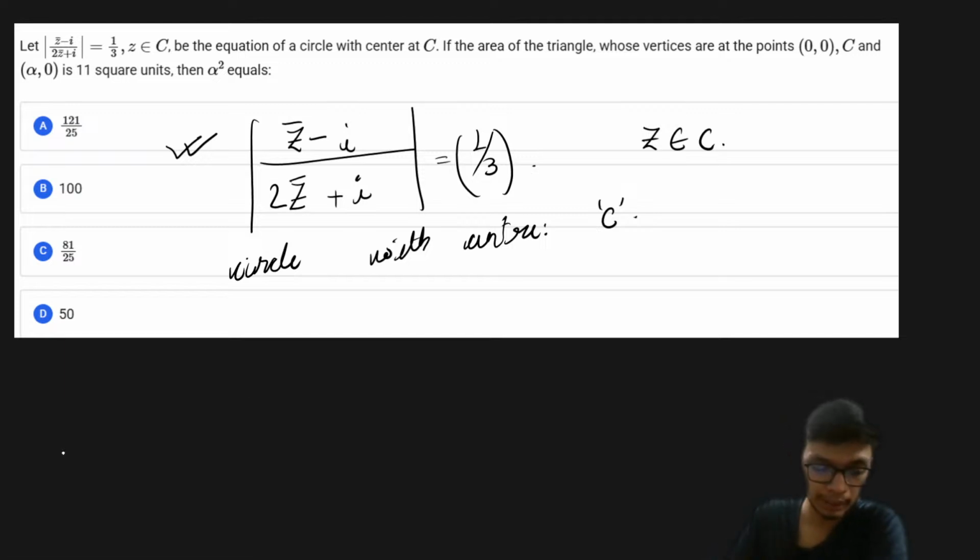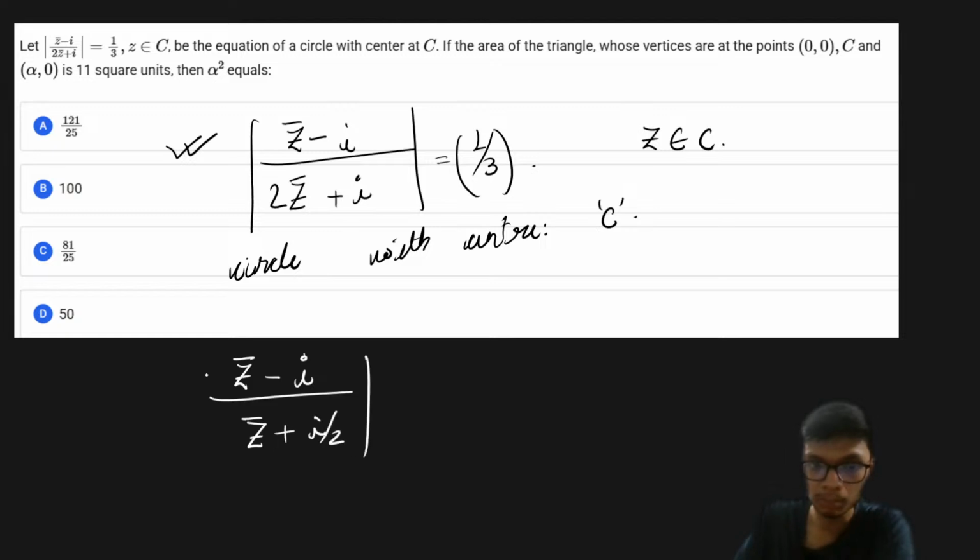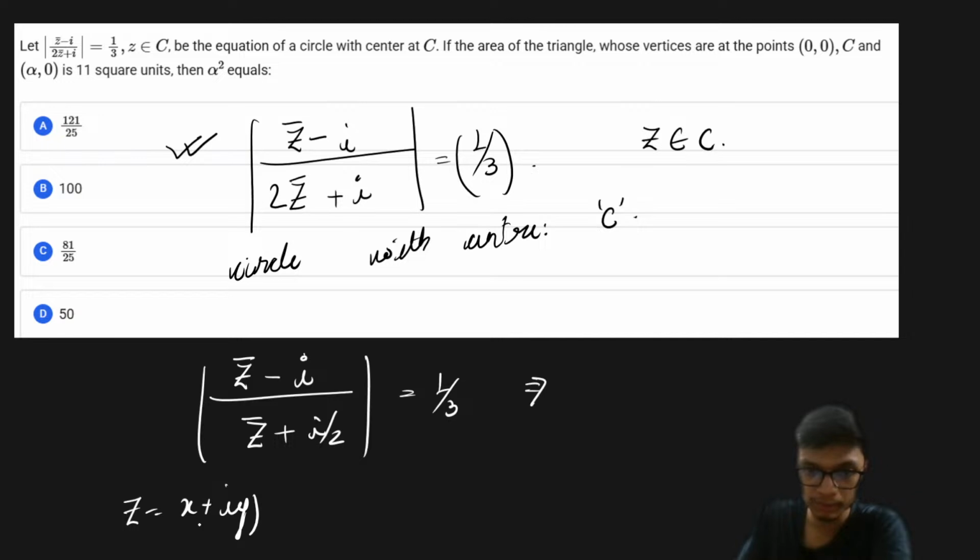So if we look at this expression over here, it is basically the mod of z bar minus iota divided by 2 times z bar plus iota, equal to 1 upon 3. And from this part, if you simplify this by putting z as x plus iota y, let me try to do the correct application.